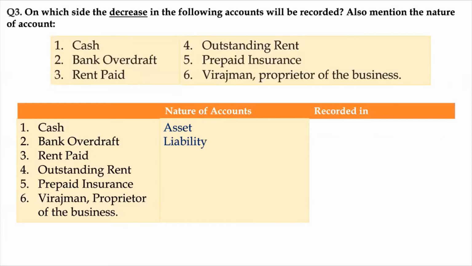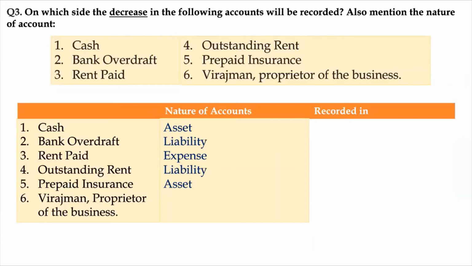Rent paid is the expense. Outstanding rent is liability. Outstanding rent means what? The rent that you have to pay. The amount is due. So this is your liability. This is your responsibility to pay. Okay. Prepaid insurance is asset.